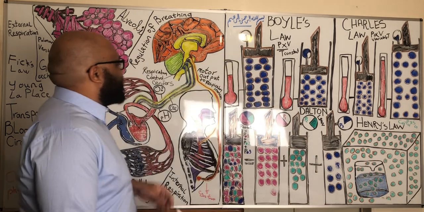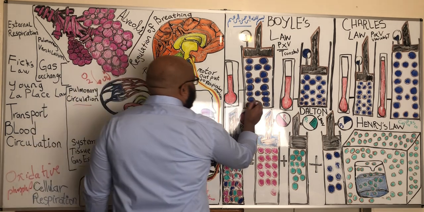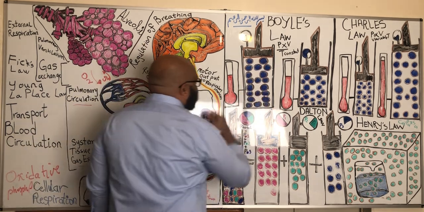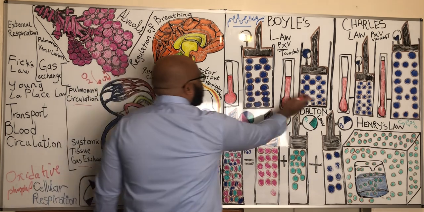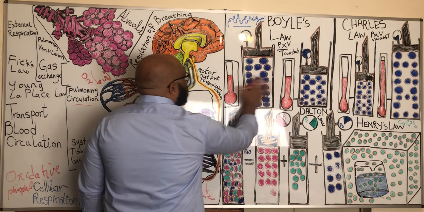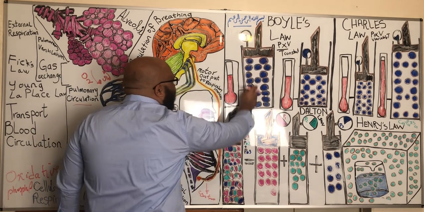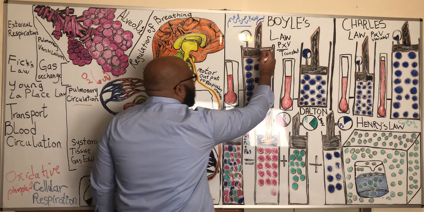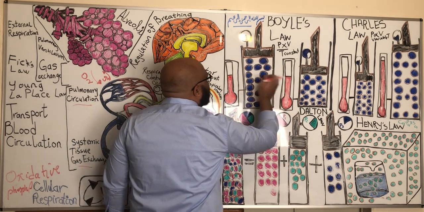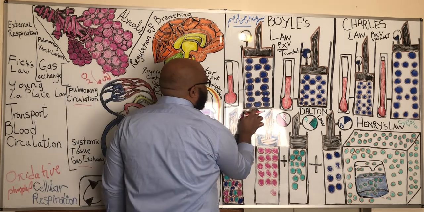And that is Boyle's law. So Boyle's law says if I have a conserved number of gas molecules in two containers and I keep the temperature the same, I can only move this piston down to make the volume decrease or move the piston up to make the volume increase. So let's look at the initial situation.